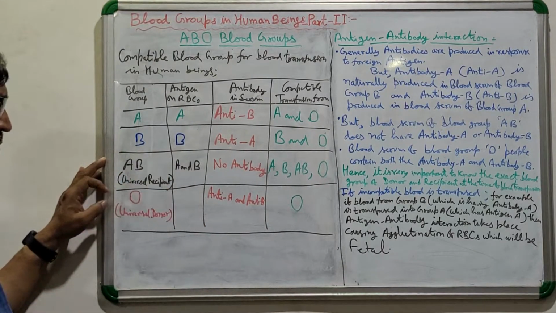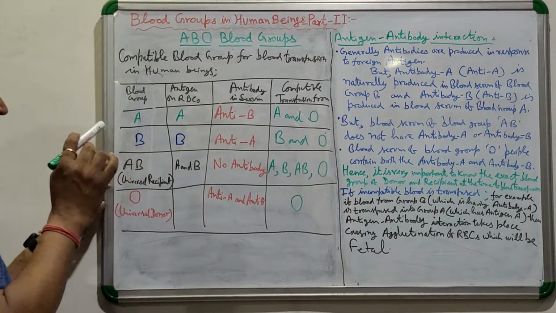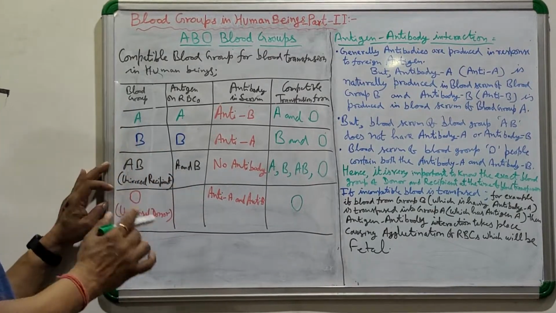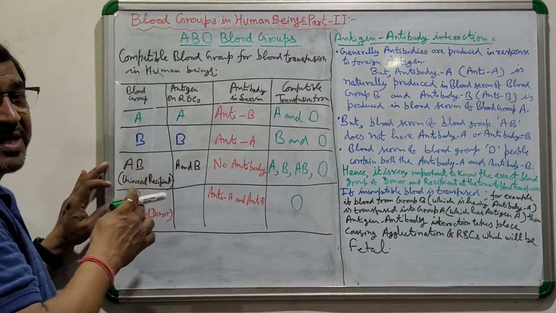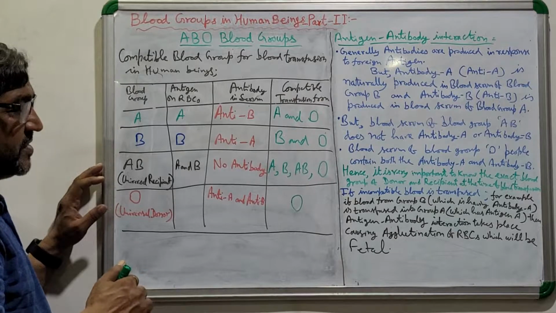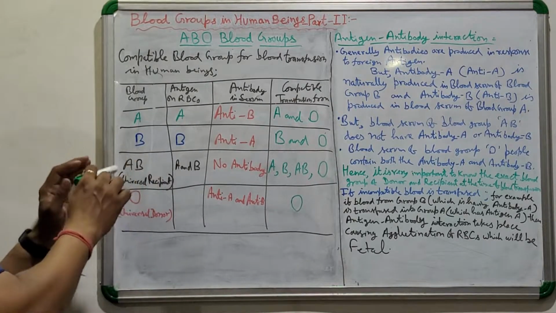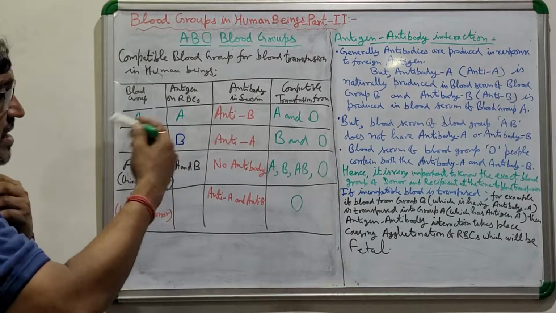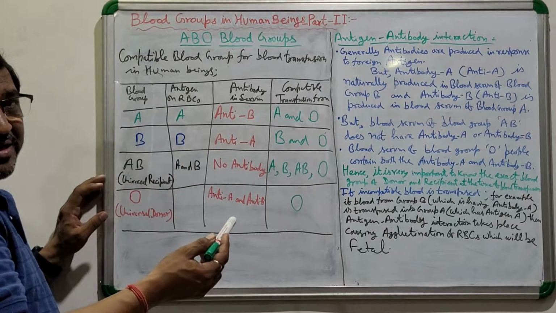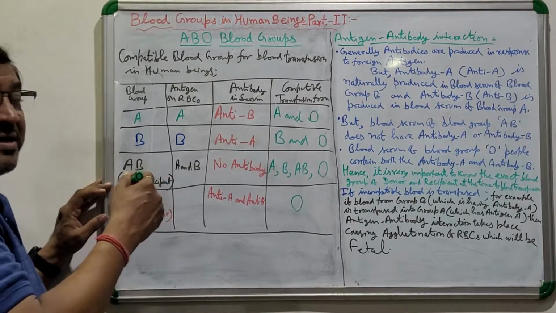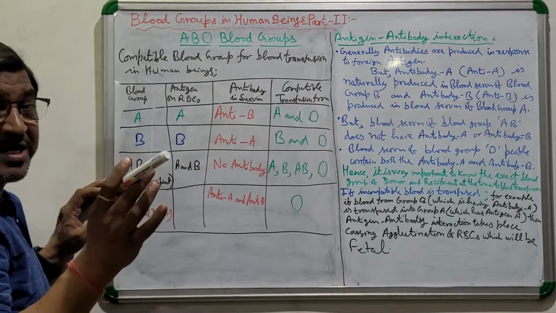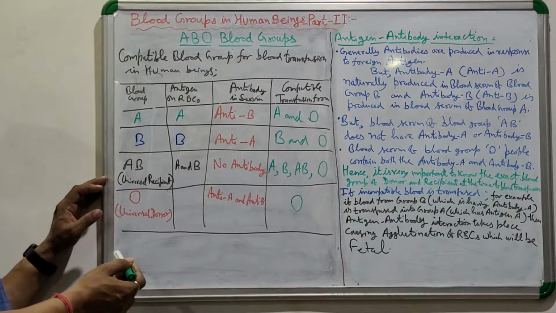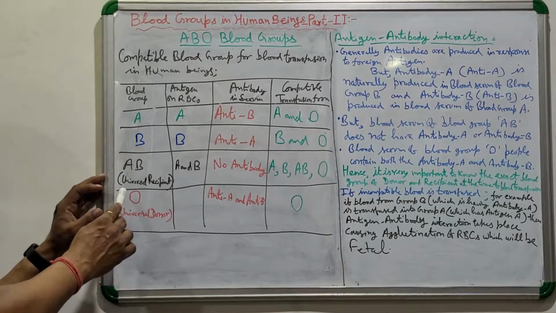Now you see AB blood group. AB blood group is having on its RBCs the antigen A and antigen B both, and because of that in its serum there is no antibody, neither A nor B. Because of this situation, it can receive blood from any group.